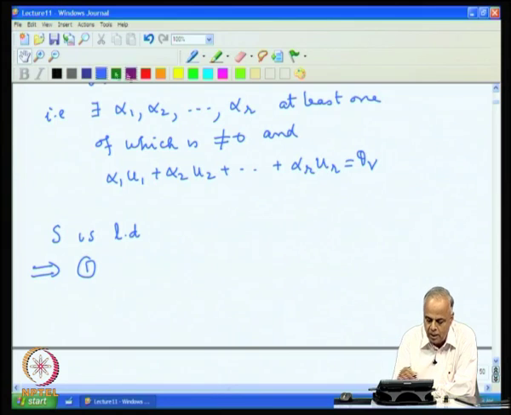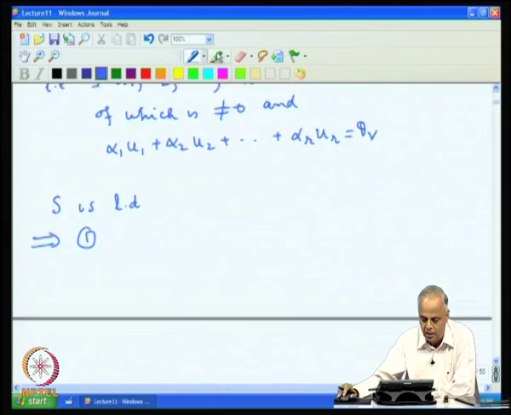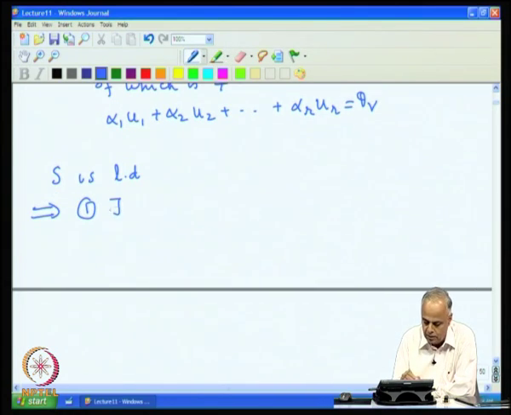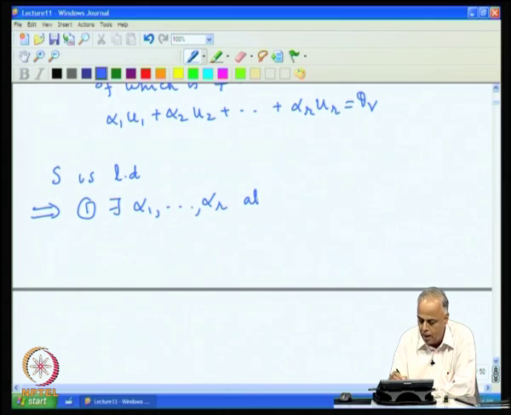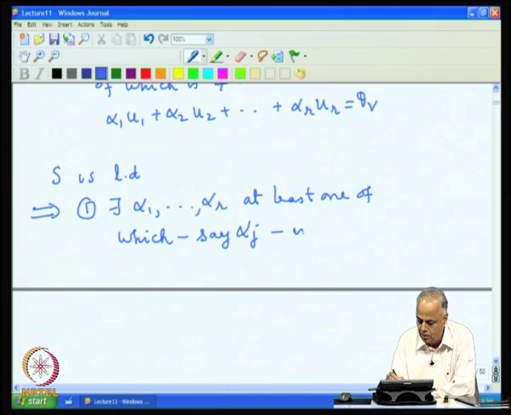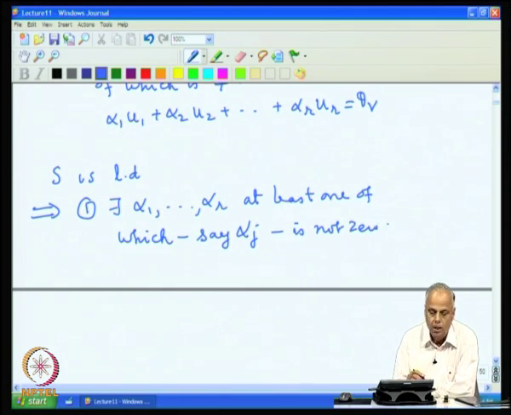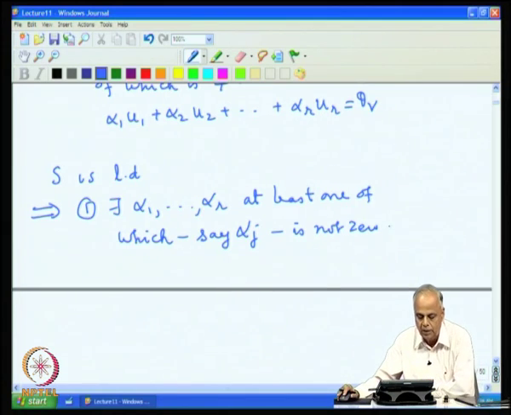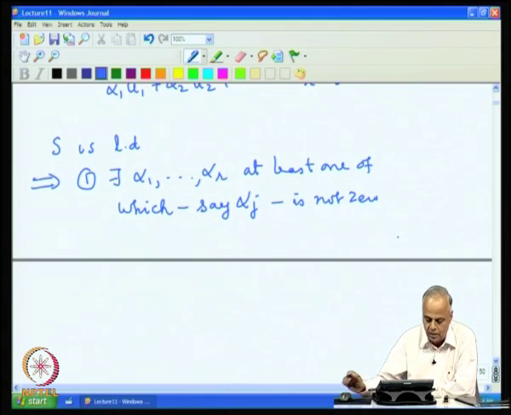So, let us say that alpha j is not 0. That is the first thing that we notice if S is linearly dependent.